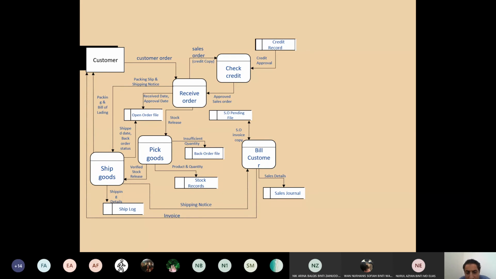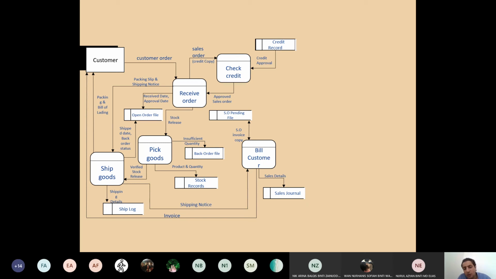And after we bill the customer, we start to record the transaction in the accounting sales journal. If you notice, this is the point where we start to record the transaction.